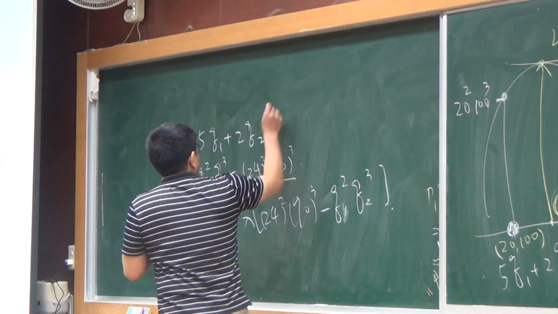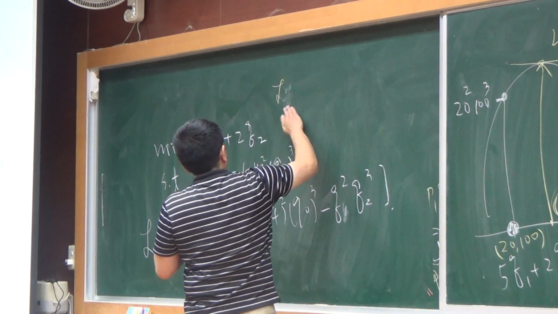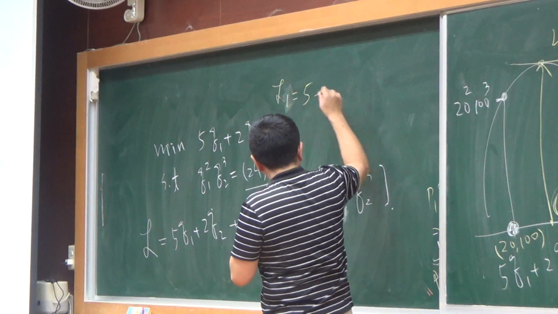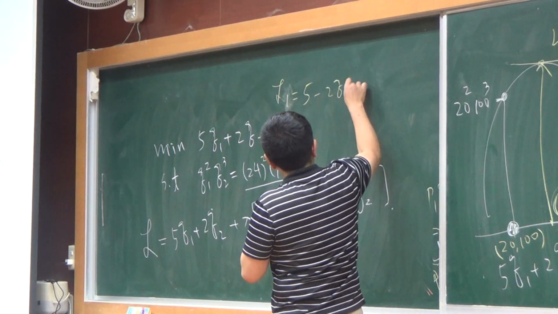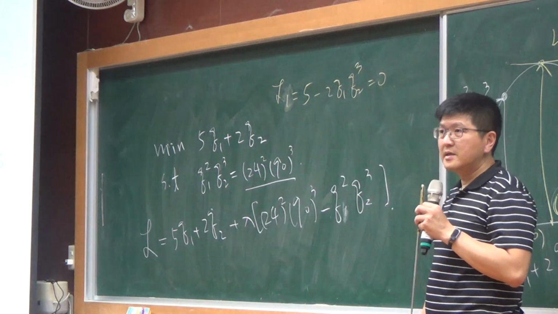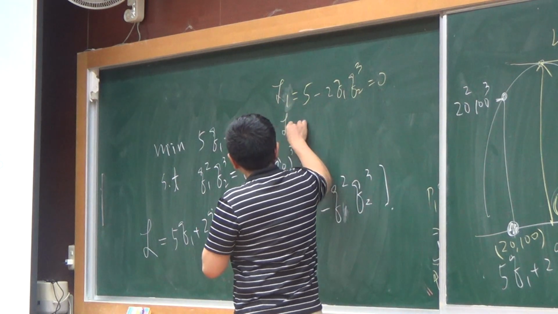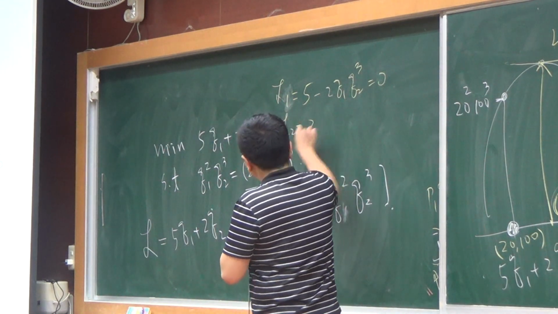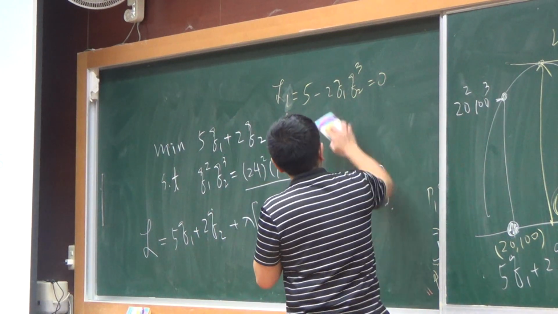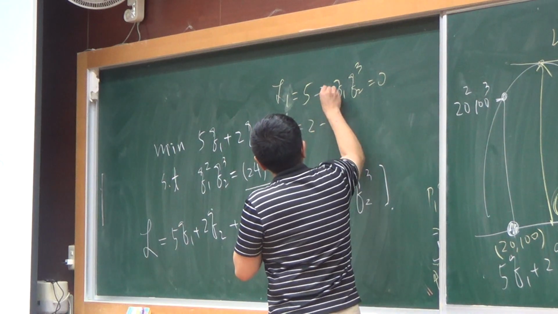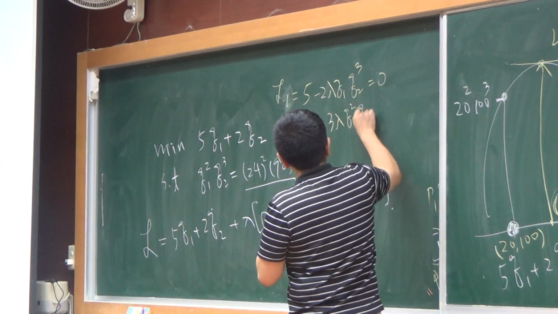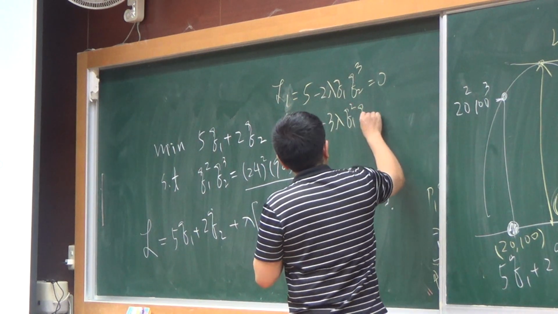And Lagrange 1 would be 5 minus 2 lambda Q1 Q2 cubed. Is that right? And Lagrange 2 equals 2 minus, I lost something, 3 lambda Q1 squared Q2 squared.